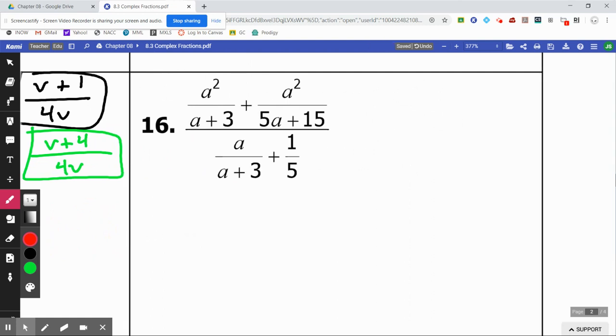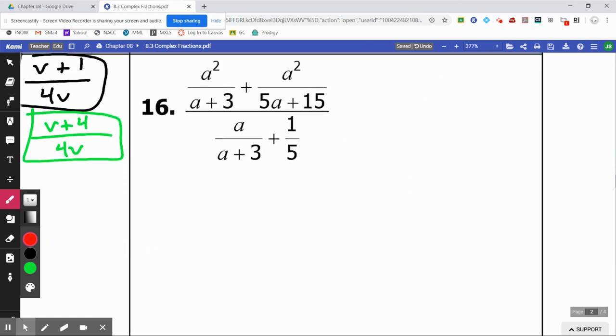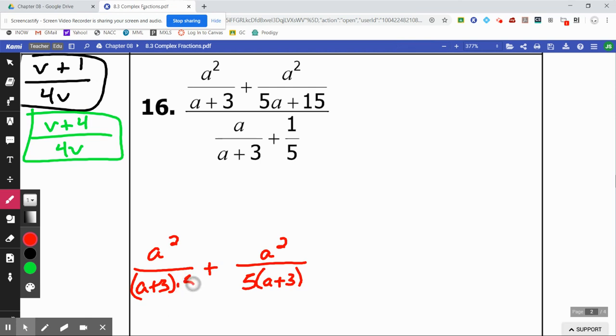This one looks horrible. Let's come down here somewhere and let's factor everything. You have an a squared over a plus 3. Leave a little bit of space for a common denominator there. Plus, you have an a squared over, factor out the 5, and you have an a plus 3. So not as bad as it looks. So we're going to multiply top and bottom by 5.